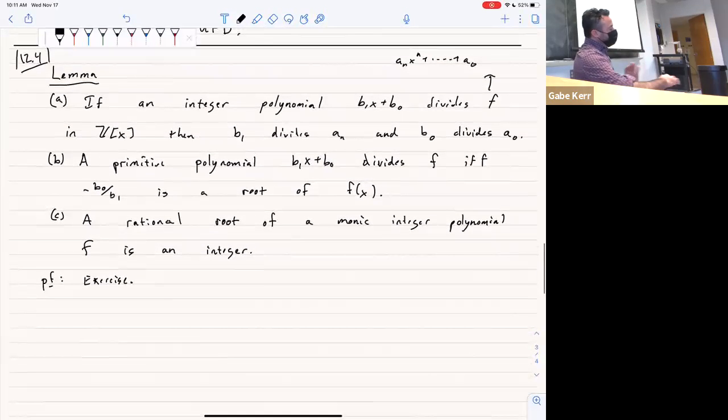So here's what's kind of fun to do in this section. We're spending all this time thinking about factoring integer polynomials and rational polynomials. How can we produce irreducibles? Or think of them as the same thing as primes. How do we produce prime polynomials? We know how to do it for integers.